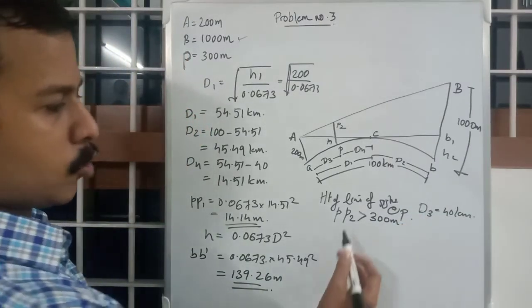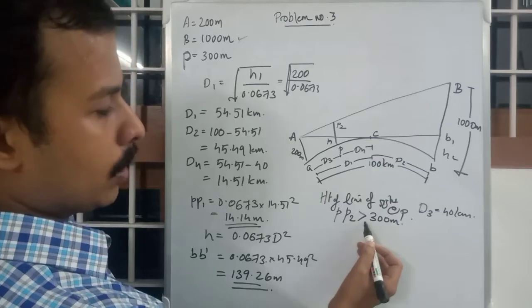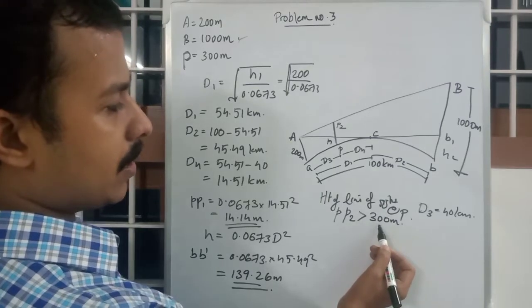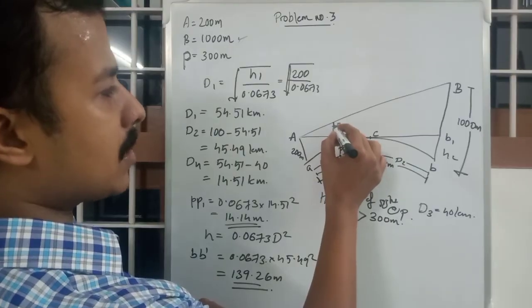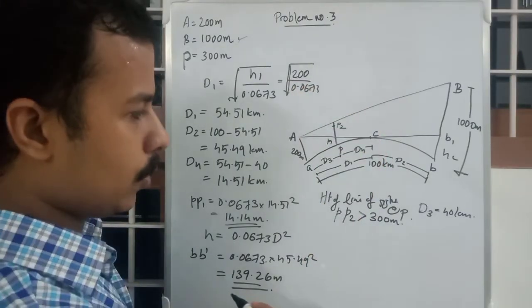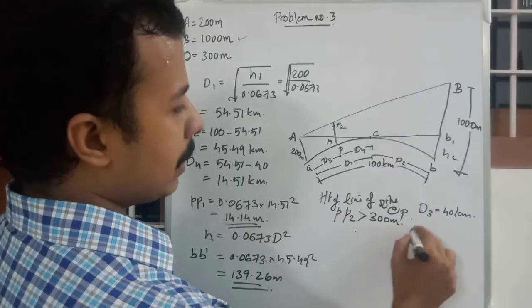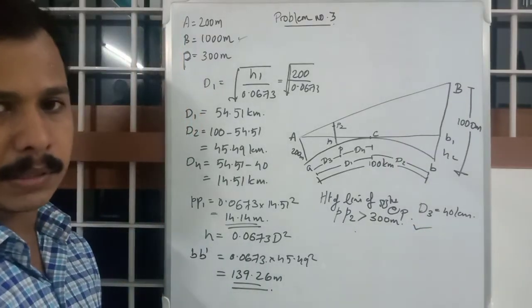Okay. So if PP2 is greater than 300, then the peak is somewhere below P2, and hence A and B will be intervisible.